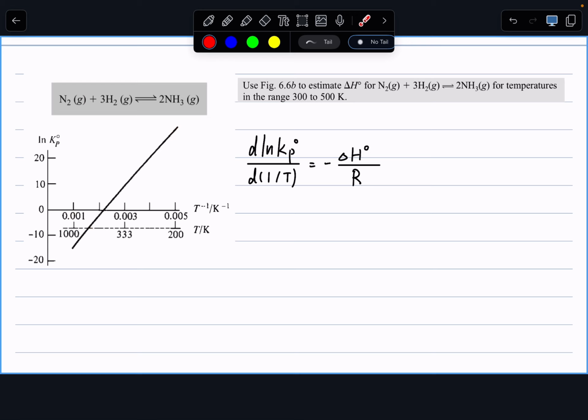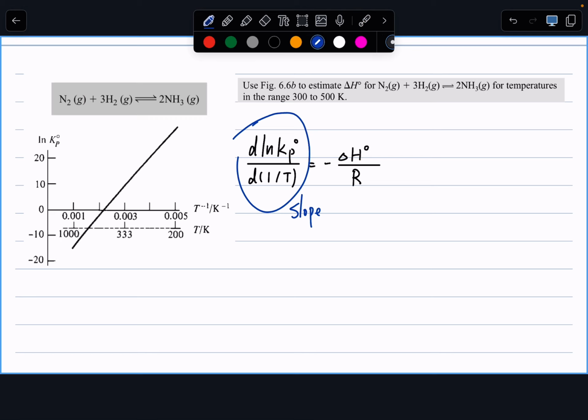Effectively, we have a straight linear relationship between ln Kp naught and 1 over T. The question is asking us to use the plot to find the slope of ln Kp naught versus 1 over T. And that slope is our negative delta H naught over R. So by solving for the slope times negative R, we can get our delta H naught.